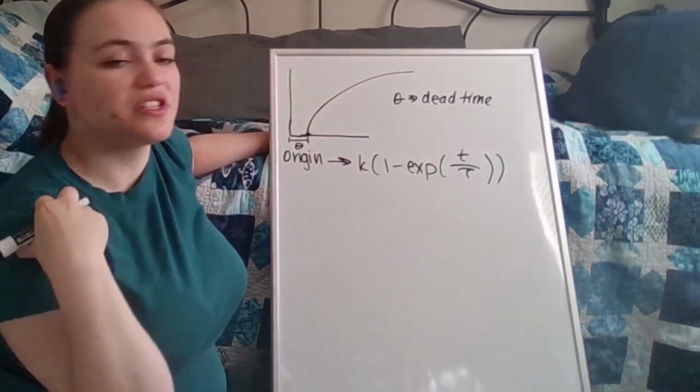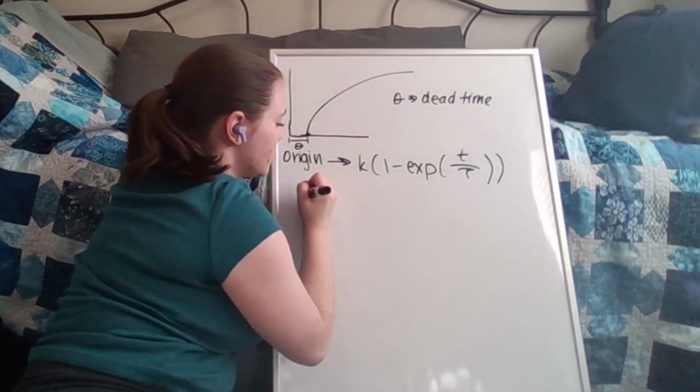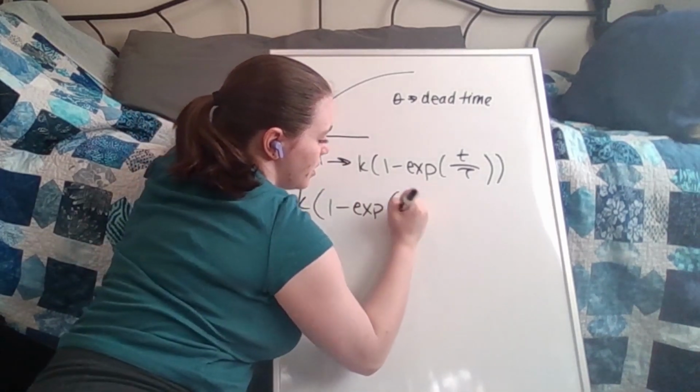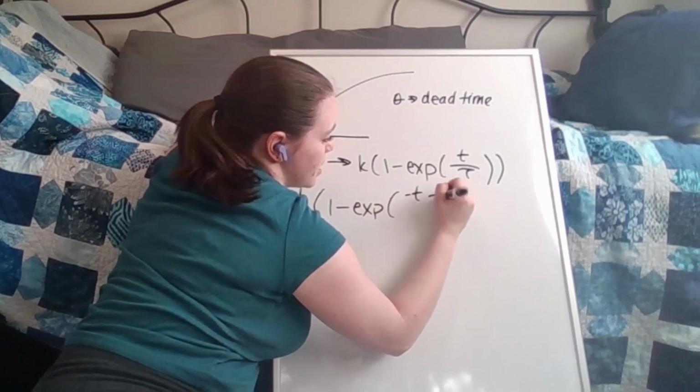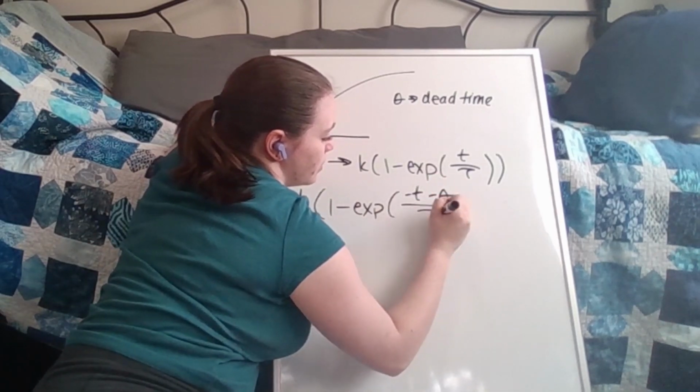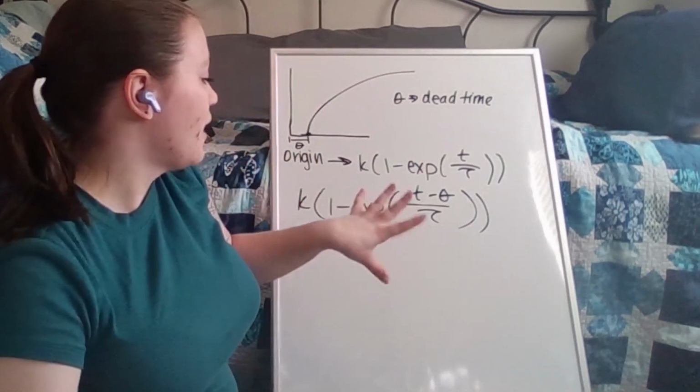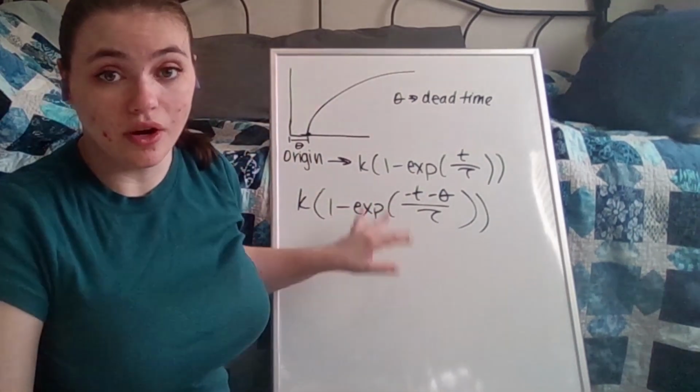Basically all that changes is that we have k times 1 minus exp of negative time minus theta over tau. All right, and that is what we're looking at for our graphing.